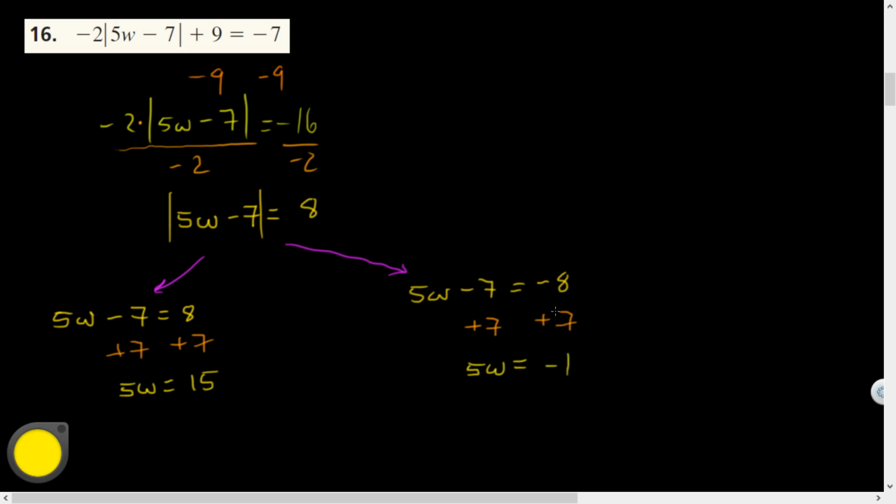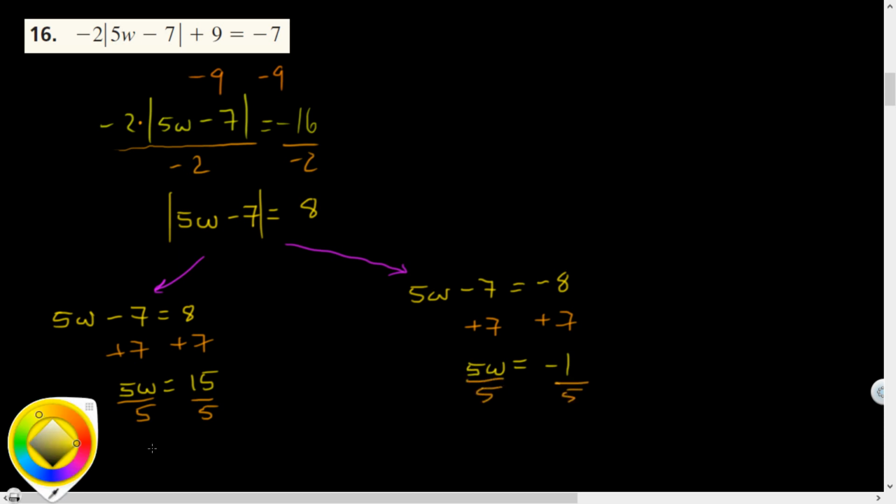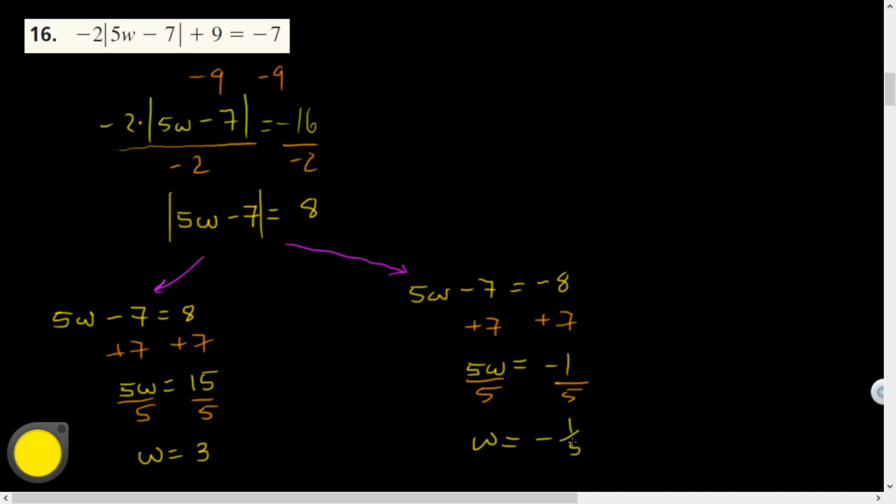Signs are different, 8 minus 7 is 1, take the sign of the more influential. Divide both sides by 5. Same step over here. So I end up with w equals 3, or w equals -1/5. Throw an or in between there.